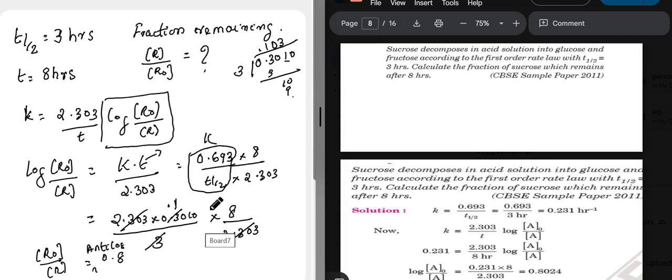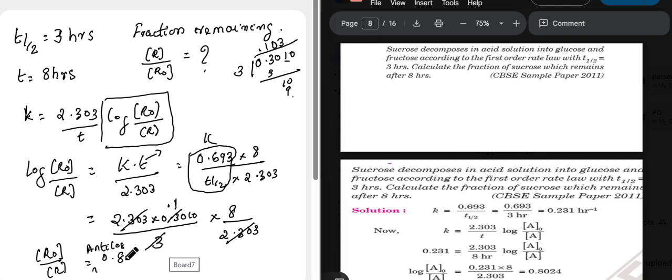Where did 0.231 come from? Oh, the k value they calculated as 0.231. We didn't calculate that, we did 2.303 into 0.1, like that we did, and we cancelled this. So anyway, 0.3010 by 3.